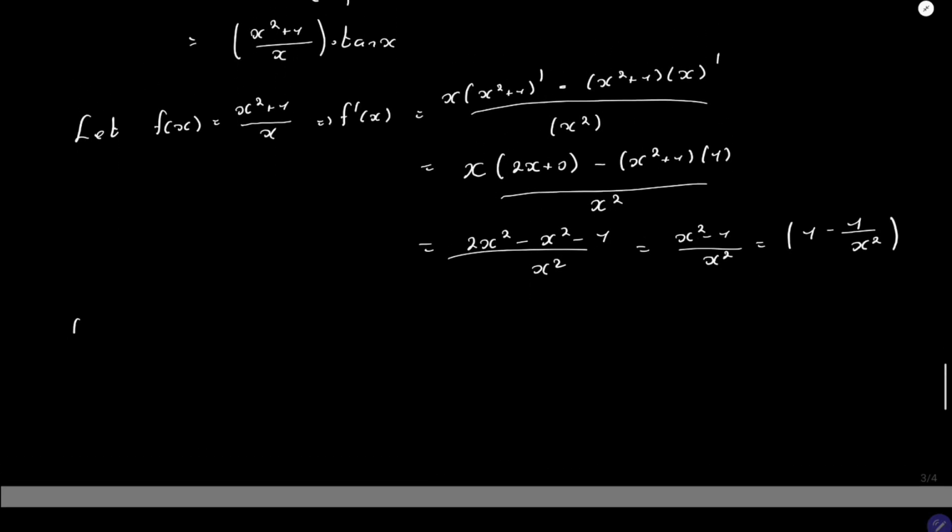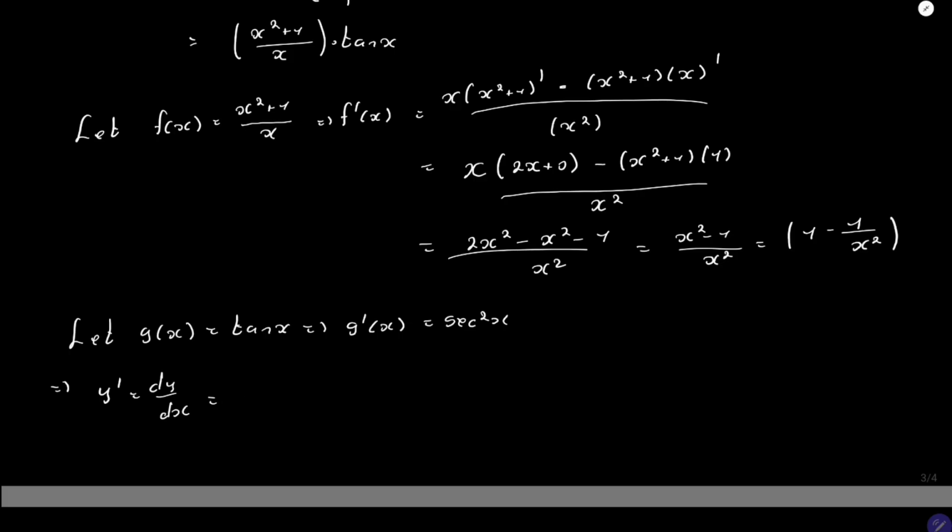So let's then calculate. Let g of x be equal to tan x, which implies that g prime of x is equal to sec squared x. This then implies that y prime, which is dy/dx, is equal to f times g prime, that is (x squared plus 1) on x times g prime of x, plus g times f prime of x, which is tan x times f prime of x.